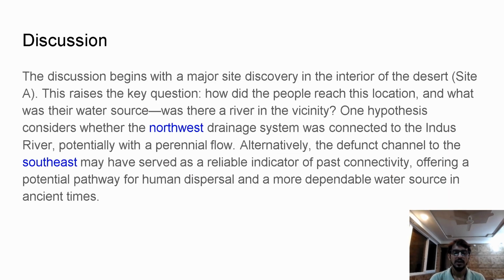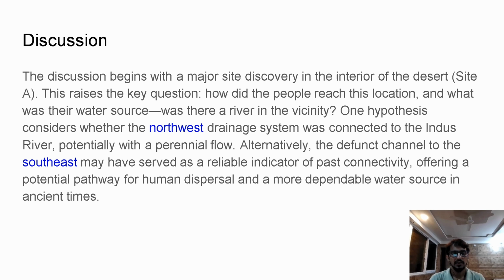So, coming to the discussion points: how do we find a site in the desert, and what is the relevance of this site in the desert? How did people get to that location? Was there a water source available to them?